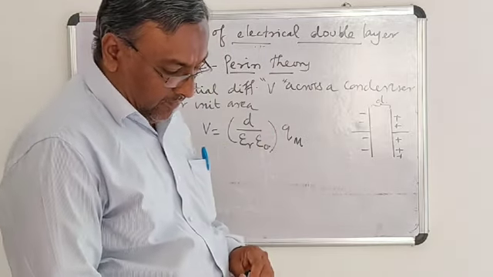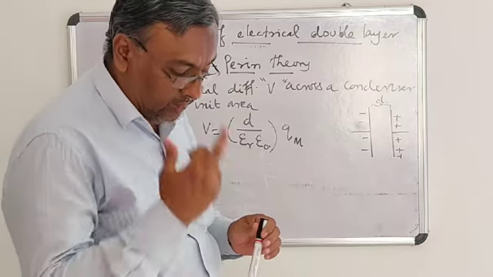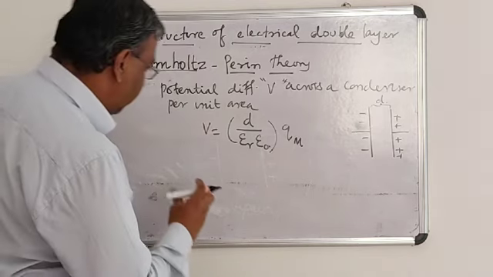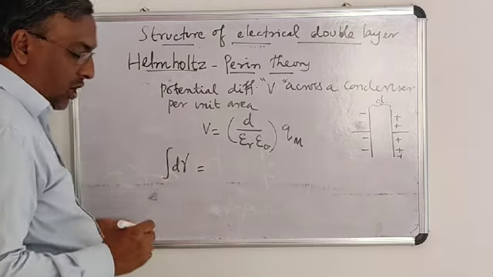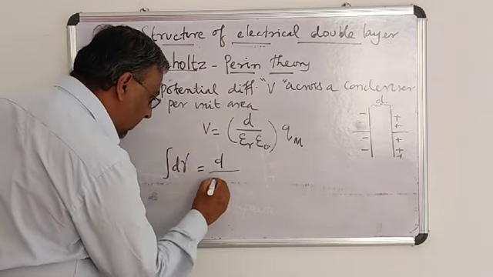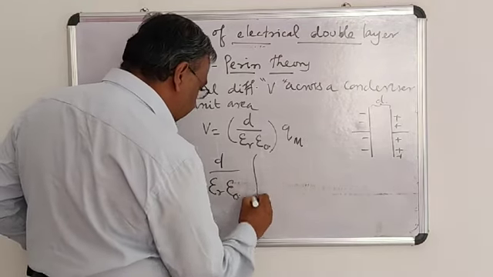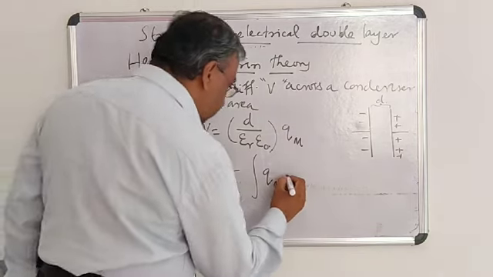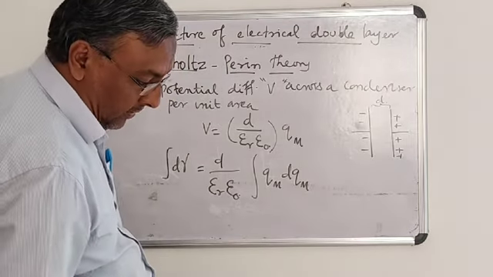Now let us consider the Lippmann equation. We use the Lippmann equation and replace the dV in this equation. We can write the integration of d gamma as equal to d by epsilon r into epsilon 0, times the integration of Qm dQm, the change in the charge density over the metal.